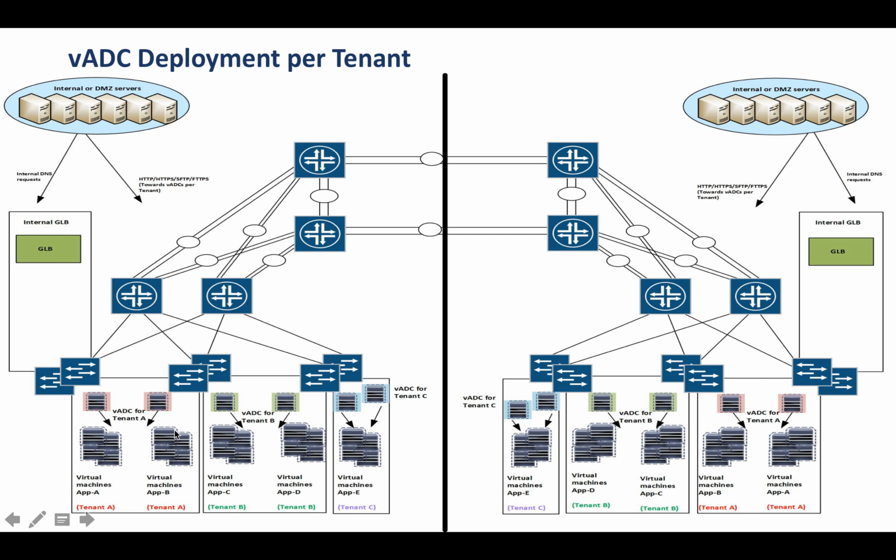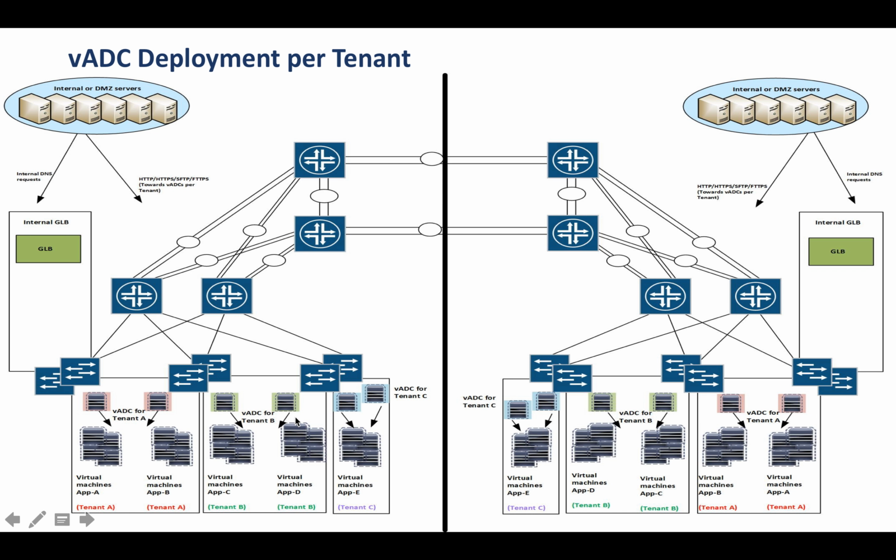But the point is this: we no longer have our centralized ADCs here, but we have VADCs inside our tenants. So this is what I mean by moving them a lot closer. They're deployed on the same hypervisors as our application.